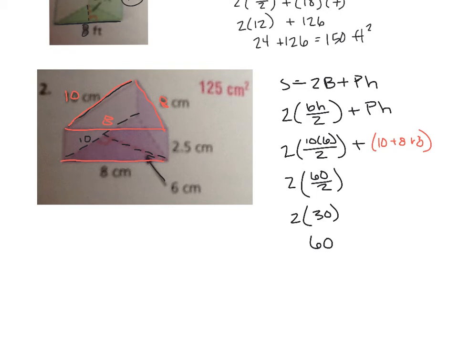Now the height, remember, is the distance between the triangles, which is this right there, which is 2.5. So we times that by 2.5. So we end up with 10 plus 8 plus 8 is 26 times 2.5, which is 65. So we add 65 and we end up with 125. So we know we did the problem correct.